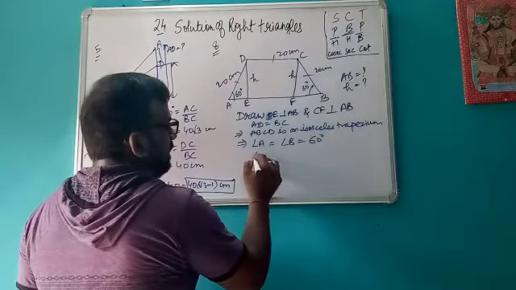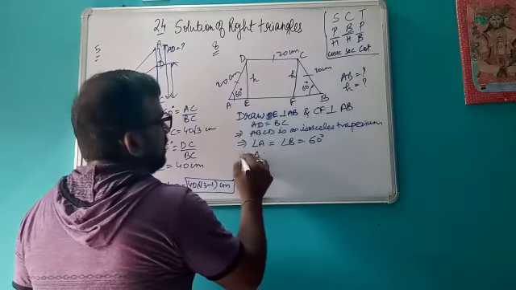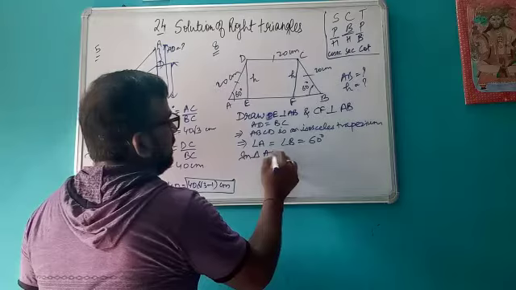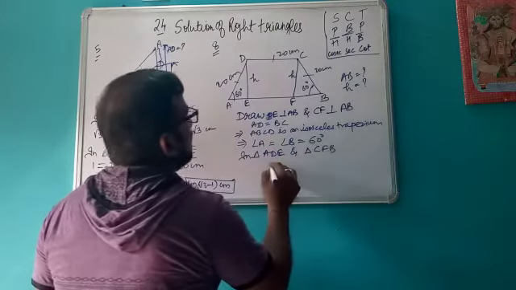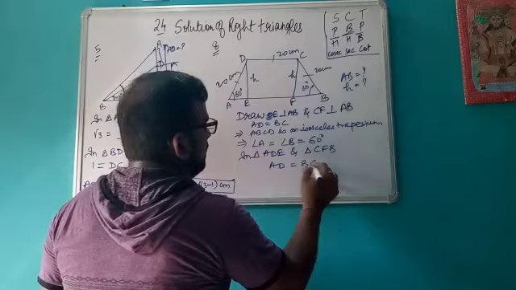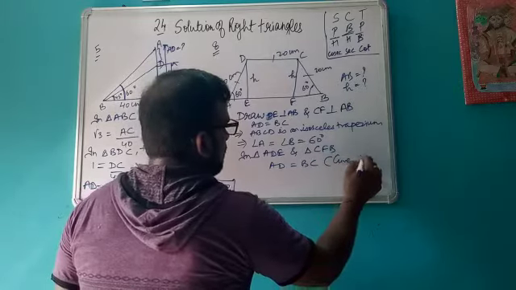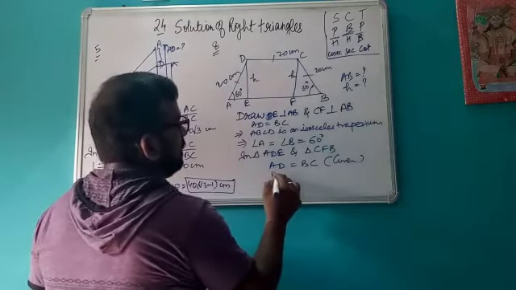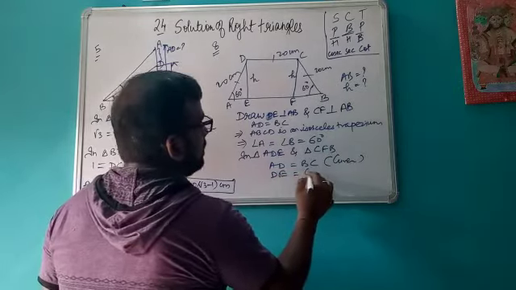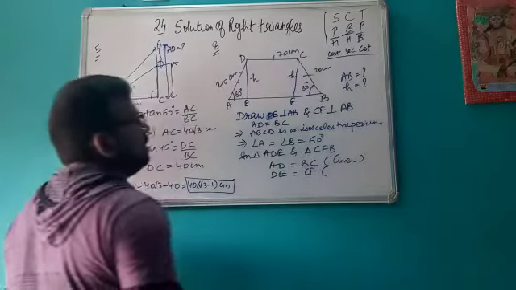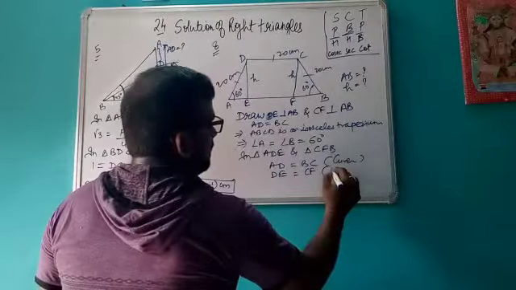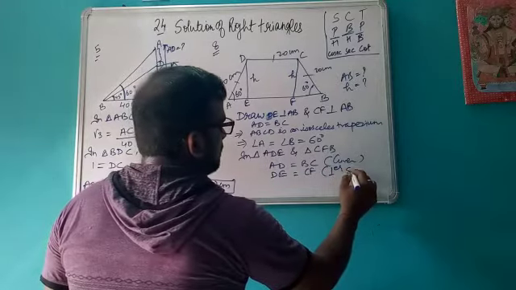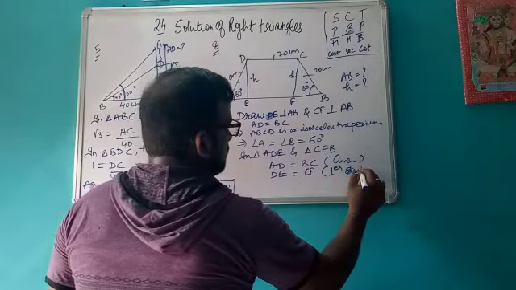So we can write that in triangle ADE and triangle CFB, AD equal to BC, this is given. And what also we know, DE is equals to CF. Why? Perpendicular distance.